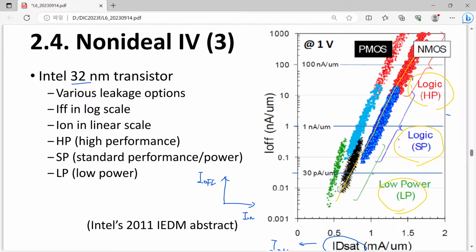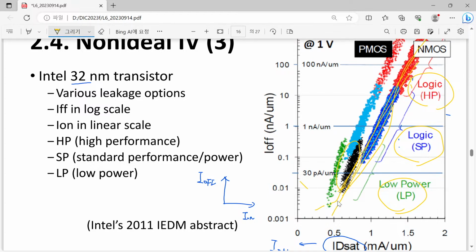Of course, this is slightly off the trend, but you know that they are well aligned in this case. It means that this line just describes their best given the technology, the best line we can achieve.